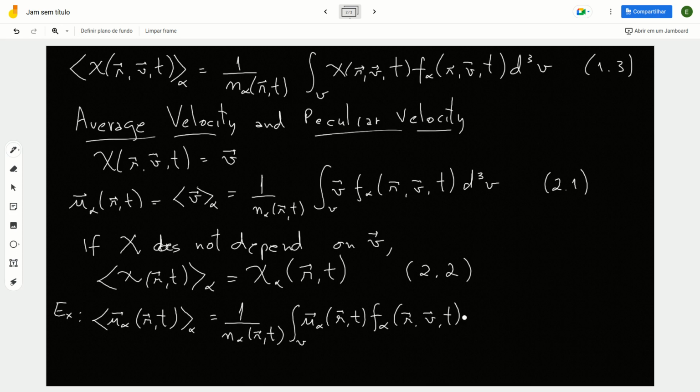So this is the expression for the average of the average velocity. That's what is being computed here. It's a silly way to do it, because if it's an average, why are you computing the average of the average? But if you add the average in this equation, you end up with this. This is not a function of v, so you can take it out of the integral.